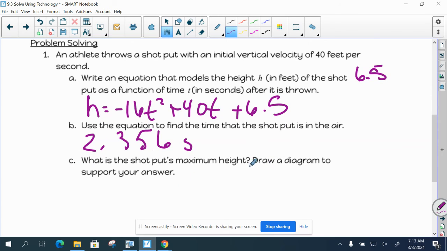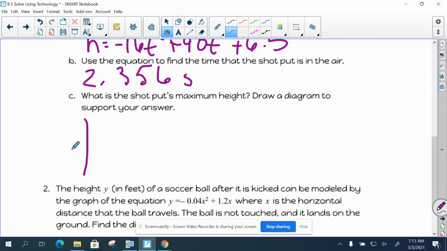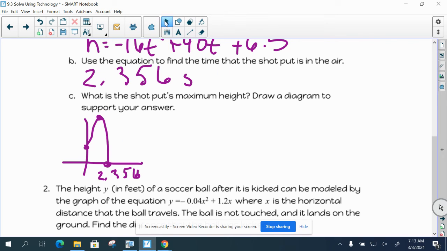And then what is the shot put's maximum height? So draw a diagram. Well, it looked like this. The diagram started here, went up really high, came back down after 2.356 seconds, and then this would be the maximum height.